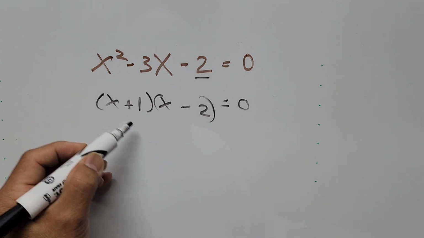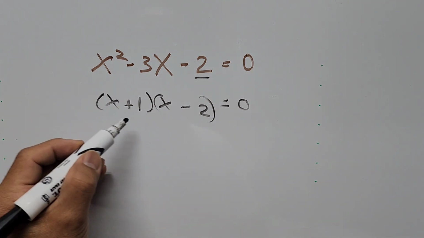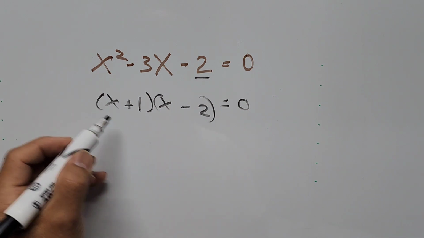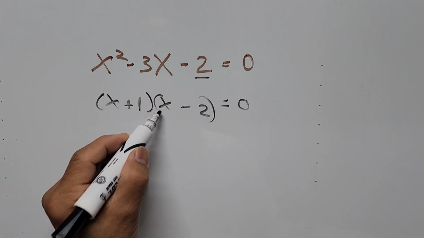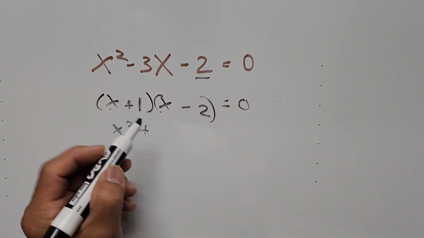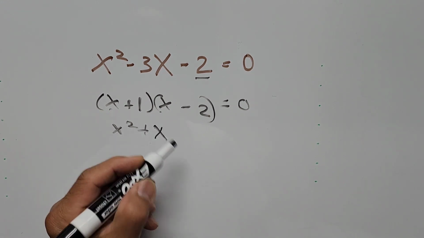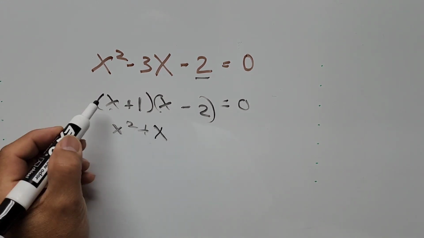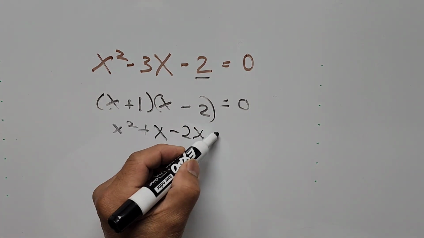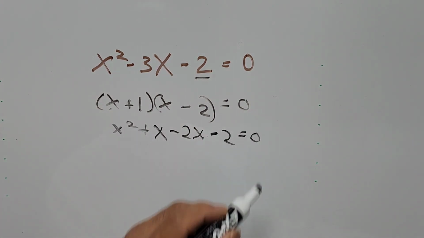And here, if you notice, if we do the FOIL on these factors, we won't go back to the original equation. x times x is x squared, plus x times 1 is x. Then negative 2 times x is negative 2x. Negative 2 times 1 is negative 2 equals 0.